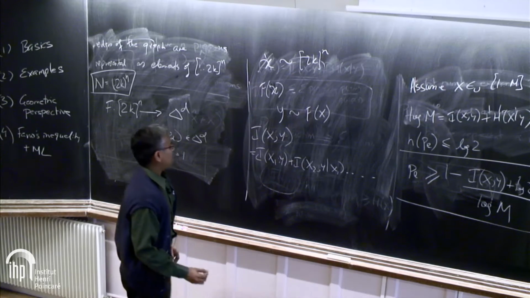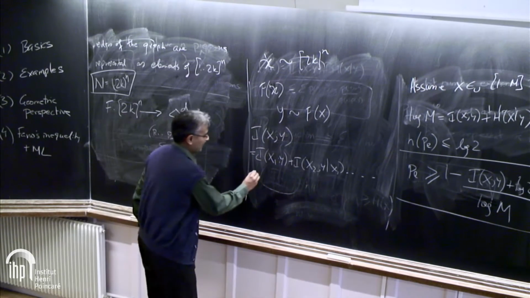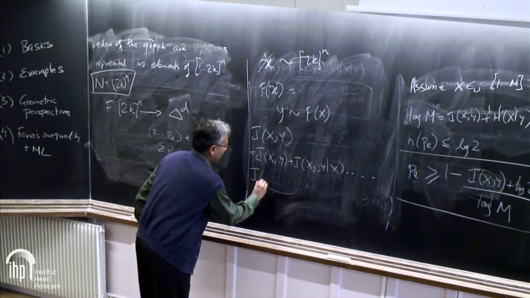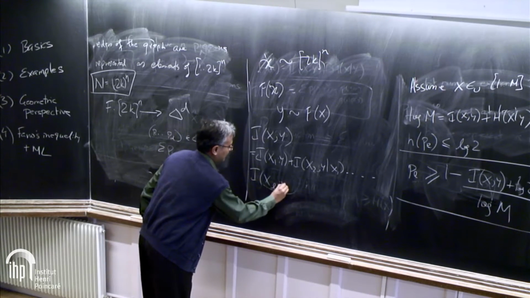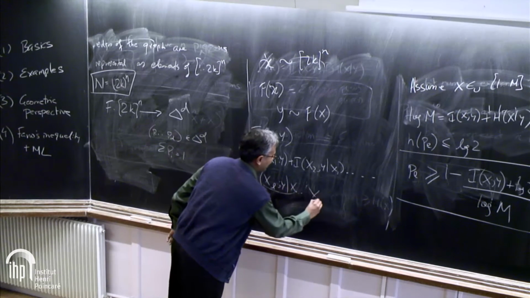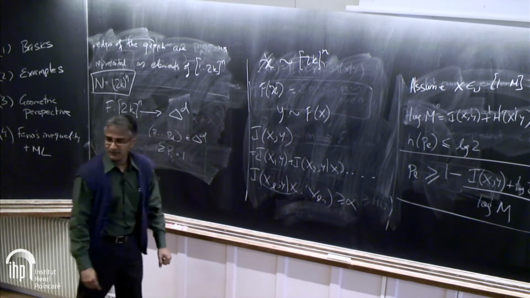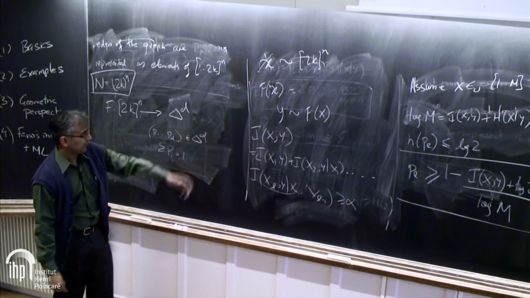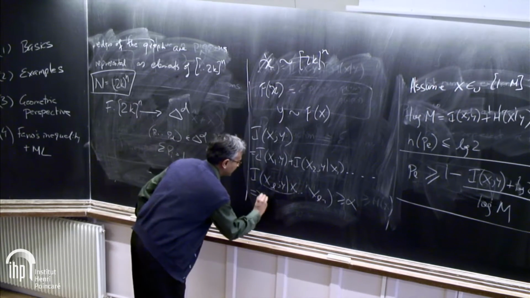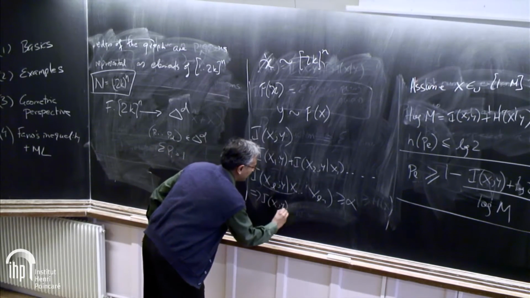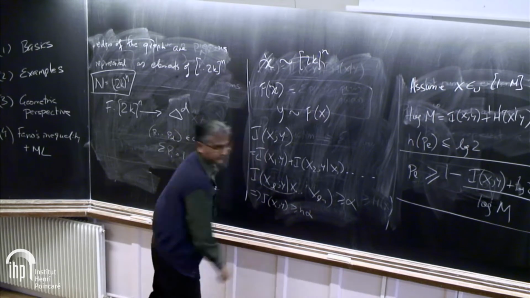And so suppose you can say that, for some l, I of xl and y given x1 through x(l-1) is greater than or equal to alpha for any l. Then you can conclude that this quantity will be greater than or equal to n times alpha.